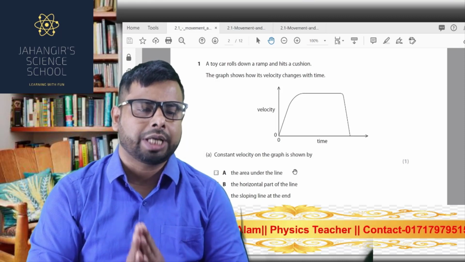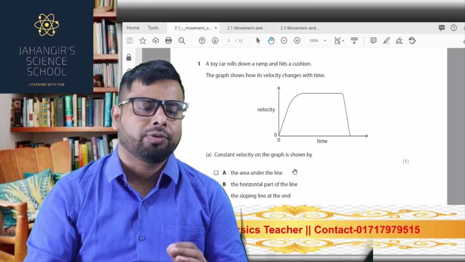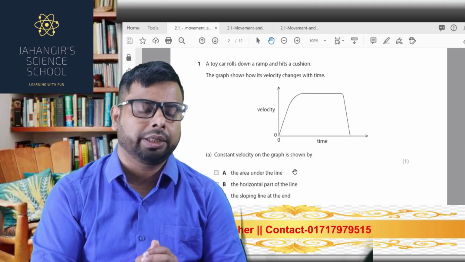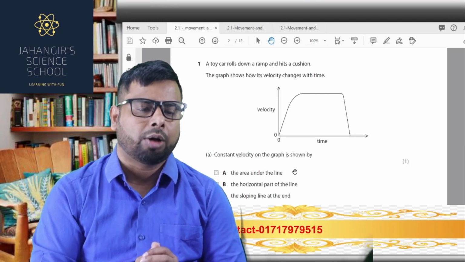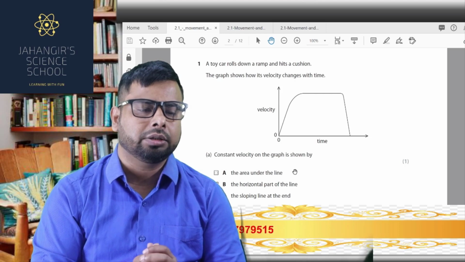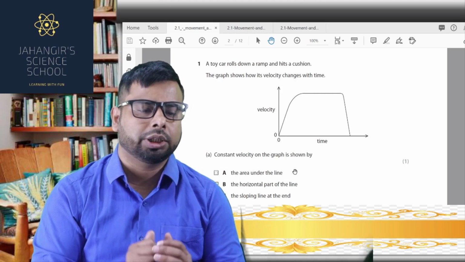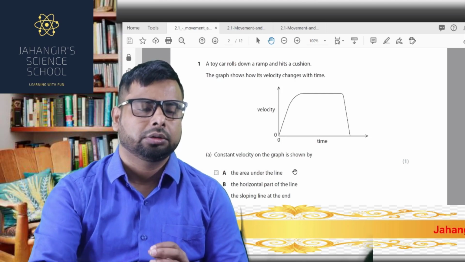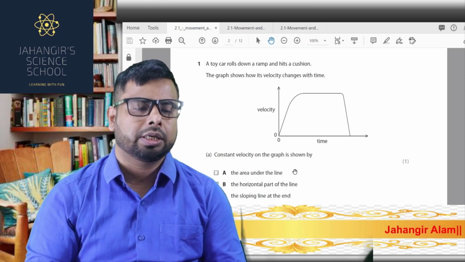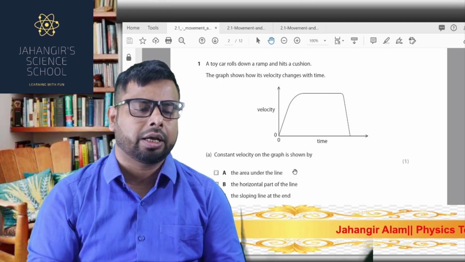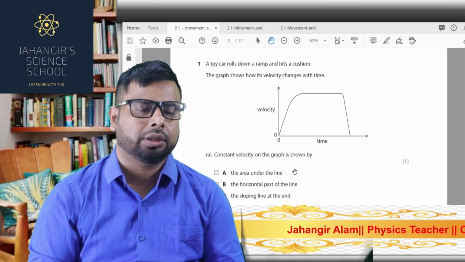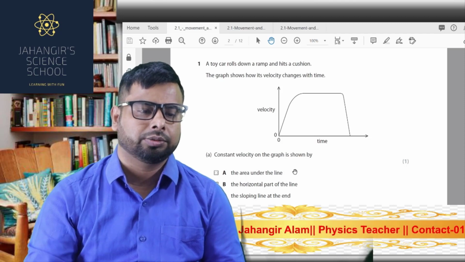It is a velocity time graph. A constant velocity on the graph is shown by option A, area under the line, option B, horizontal part of the line, option C, sloping line at the end, option D, sloping line at the start.